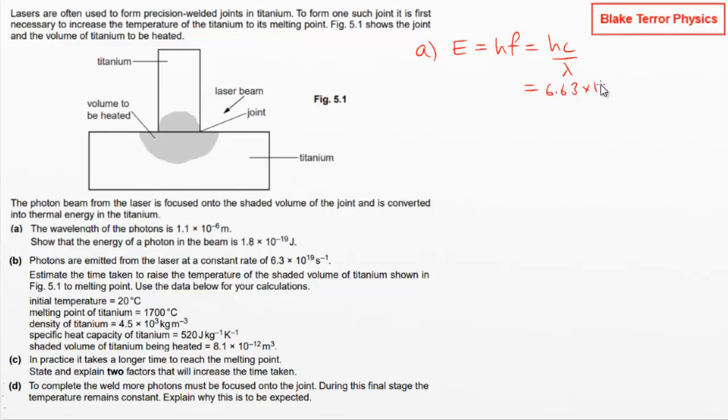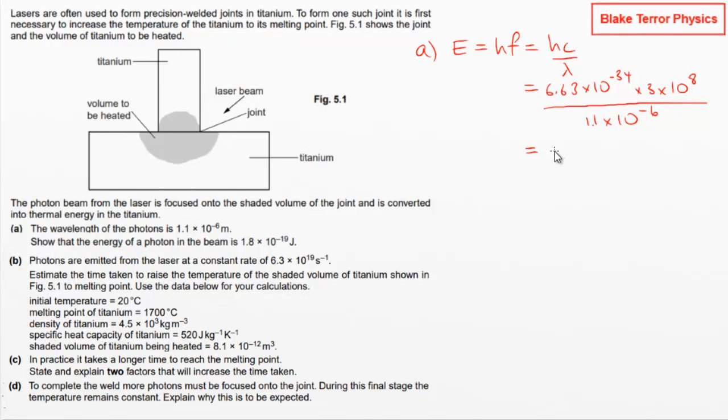6.63 times 10 to the minus 34 for the Planck constant, multiplied by 3 times 10 to the 8 for the speed of light, and they've given us a wavelength of 1.1 times 10 to the minus 6. So this is going to be, well, we're adding 14 on there, so we've got minus 26.6 pretty much, divided by 1.1.